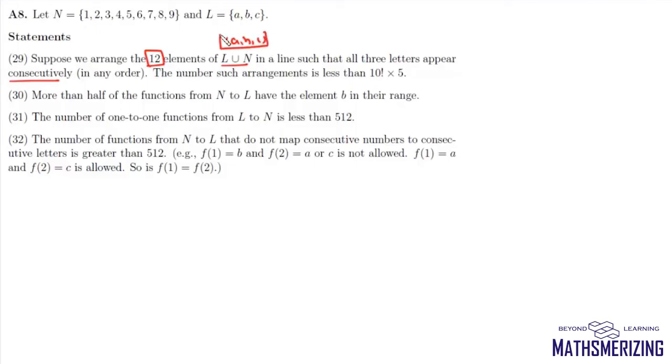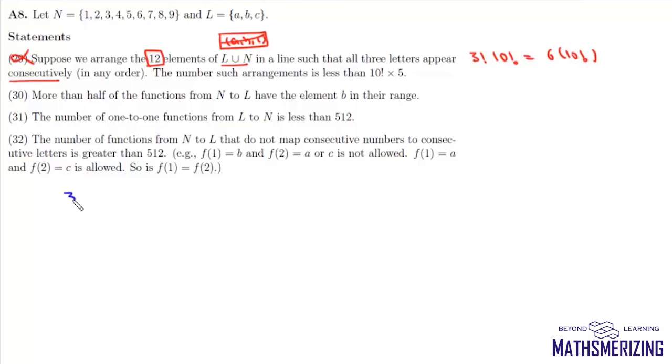So we'll use the string method. We'll tie them. So now we have 10 elements and we can arrange these 10 elements in factorial 10 ways. Now these three elements we can arrange among themselves in factorial 3 ways. So the total number of such arrangements will be 6 into factorial 10, which is greater than 5 into factorial 10. That means statement 29 is incorrect.